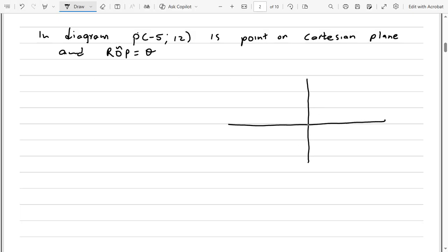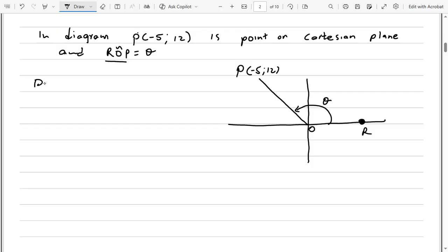So you need to know how to answer questions based on a diagram. P is -5 and 12, ne? And then this angle here, that's theta, because we have a point here, that's point R, and this is O. That's why they said ORP is theta. So now we need to answer the following questions, ne?